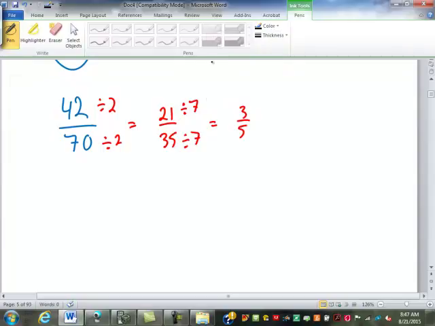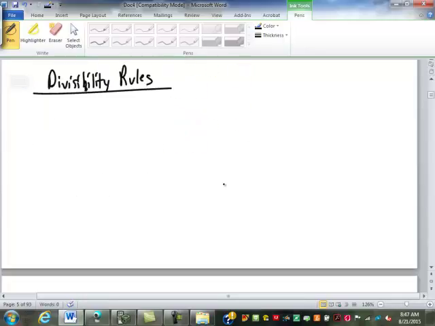There are some very quick ways to tell if numbers can be divided by other numbers, at least certain numbers. Call them divisibility rules. To tell if a number can be divided by 2, it's an even number.